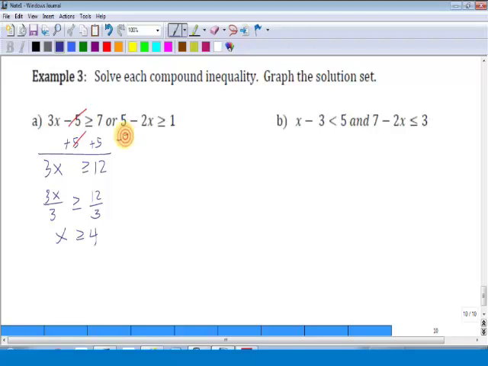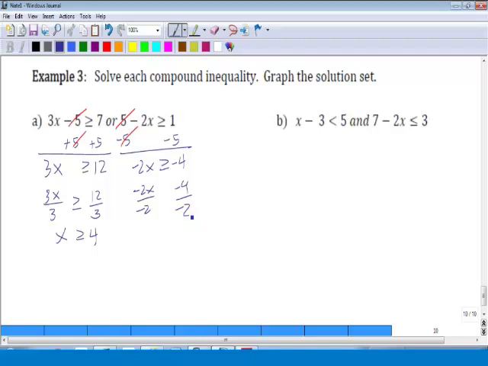The other one, subtract 5 and subtract 5. Negative 2x is greater than or equal to negative 4. Divide both sides by negative 2. Now, I like to write a fresh copy of that negative 2x and a fresh copy of the negative 4.